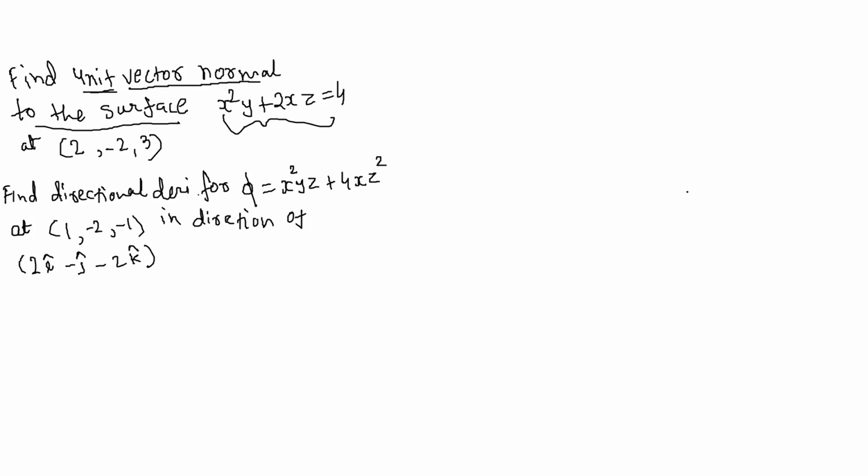Find the directional derivative for the function phi equal to x square yz plus 4xz square at the given point 1, -2, -1 in the direction of 2i minus j minus 2k.